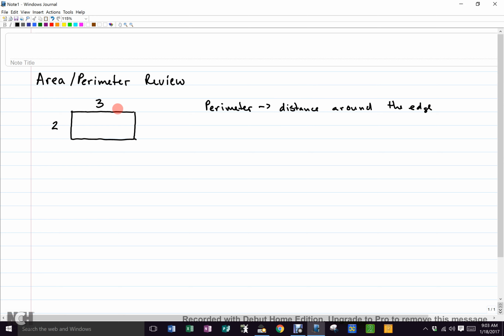Now, if this is 3, what's this? 3. If this is 2, what's this? 2. So the perimeter must be 2 times 2 plus 2 times 3, correct? You guys, what is that answer?